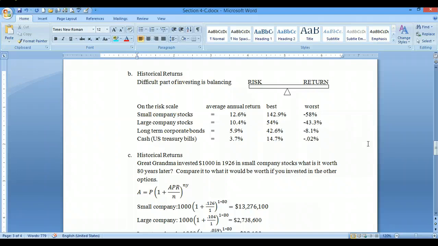Okay, so we're still going to use our compound interest formula. A equals P, in this case $1,000, times 1 plus 0.126, because that's the average annual return, over 1, to the 1 times 80, because this is just a one-time deal, we aren't compounding it anywhere.